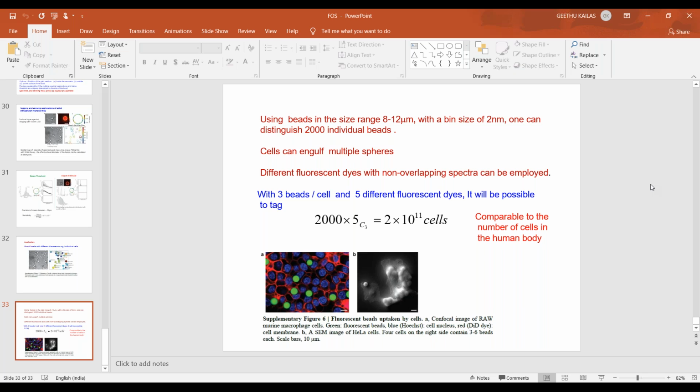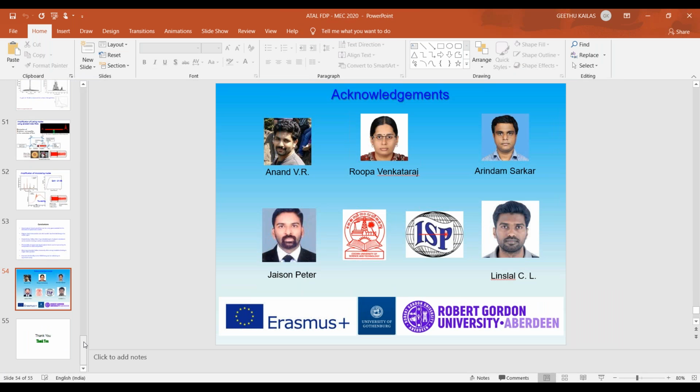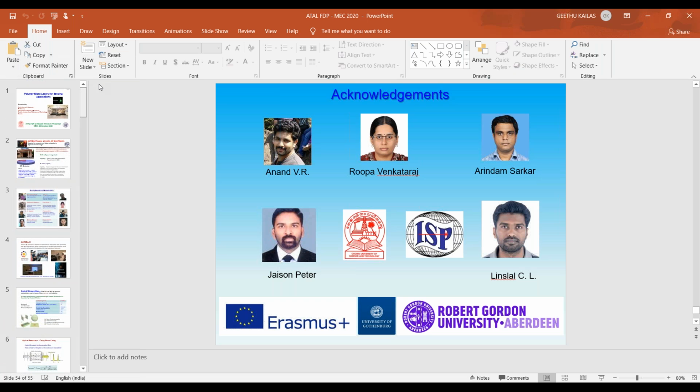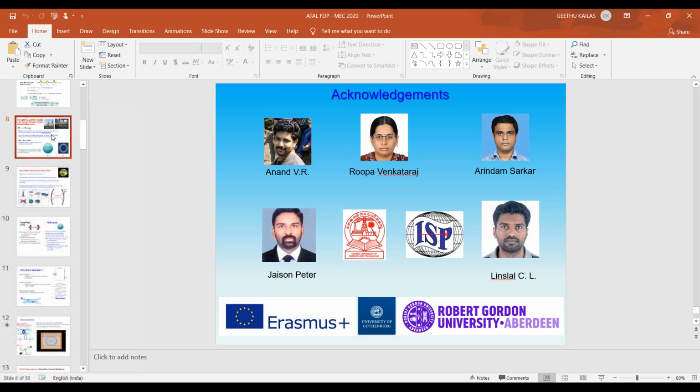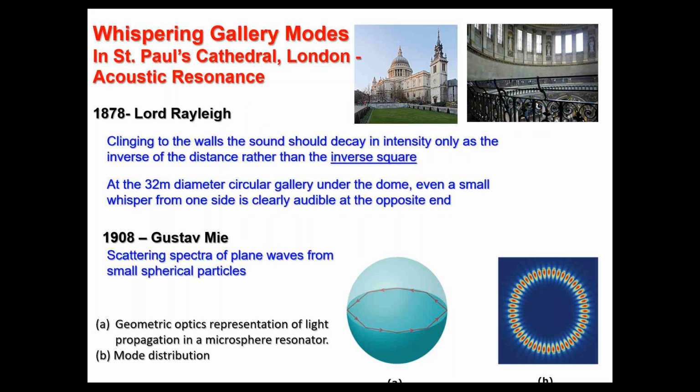Another question is again asked by Mukesh Kumar. The question is, what is gallery modes? So I showed you a figure, the Whispering Gallery, St. Paul's Cathedral. Remember that? This is a gallery for acoustic resonance. People can whisper from here and it will be clearly audible on the other side. So the losses are very minimum.